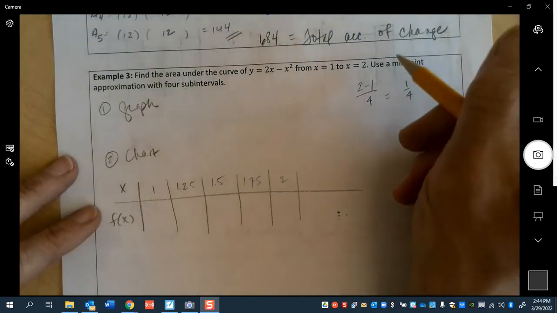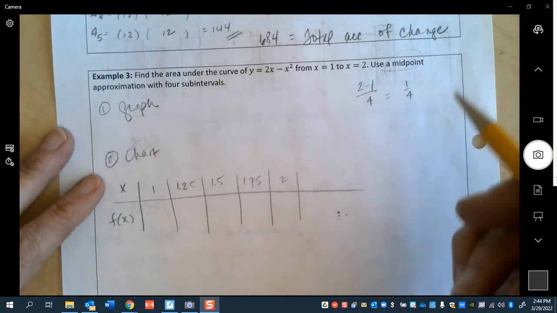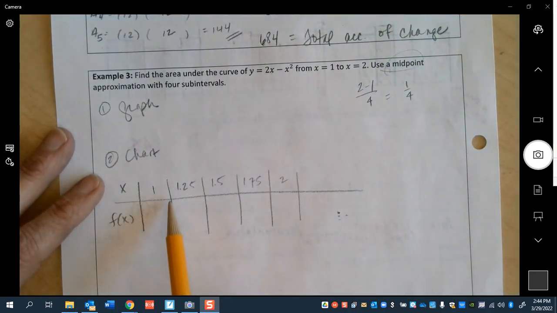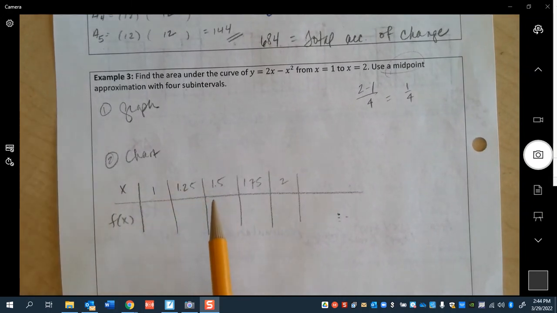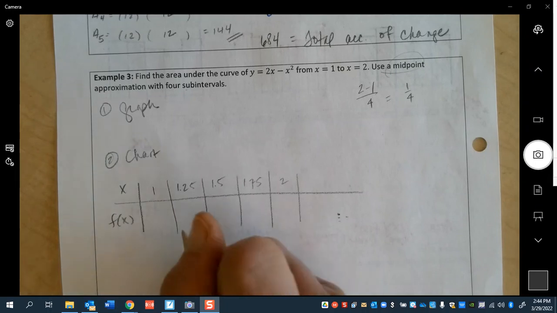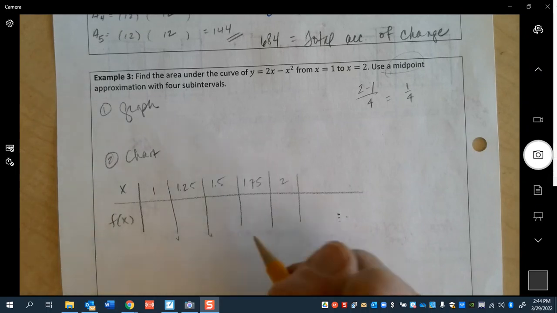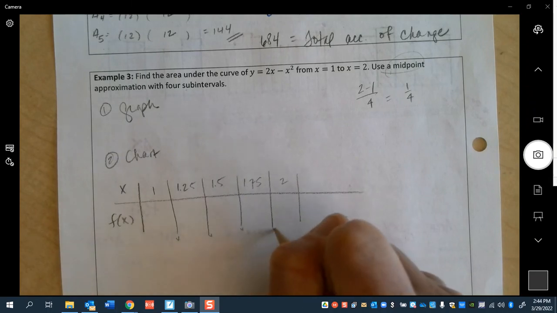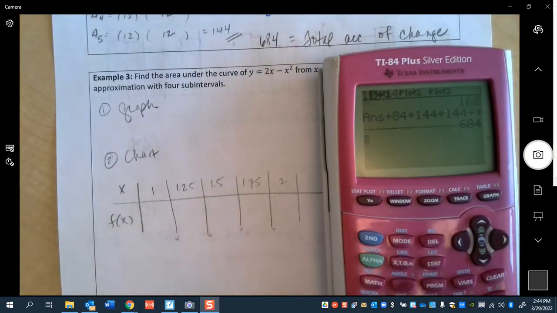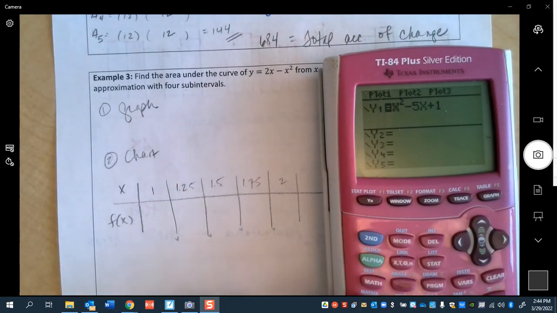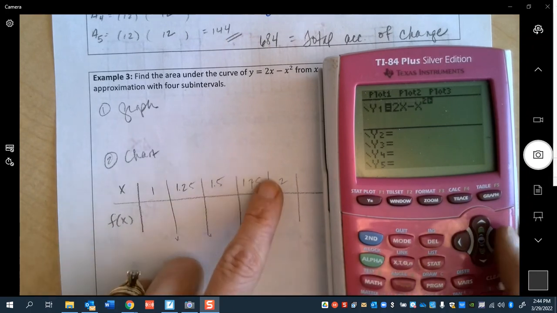Bad news, if you're using a midpoint approximation, you need to know each of these values in between. So instead of going up a quarter, you need to be going up an eighth, because you need to know this value in between each of the midpoints. So definitely use your calculator. 2x minus x squared.